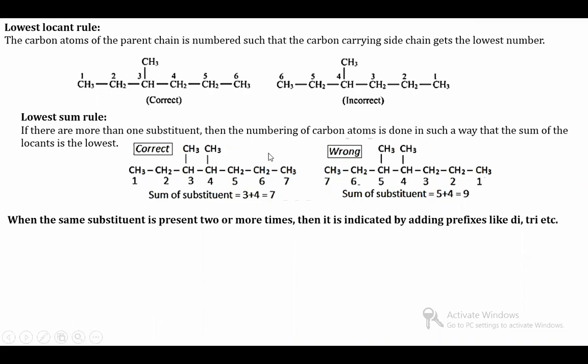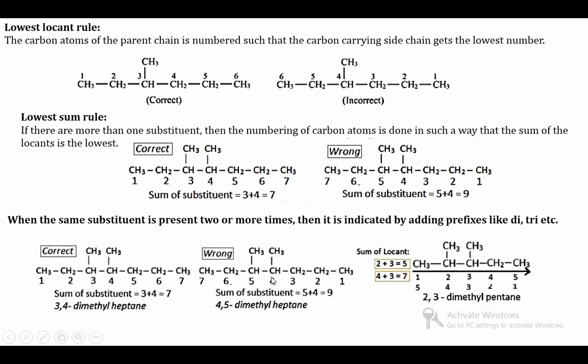When the same substituent is present two or more times, as with CH3, CH3, CH3, CH3, it is indicated by adding prefixes like di, tri, tetra, etc. For this one, the third carbon and fourth carbon, sum 7, so this will be considered. That is the correct one, right?